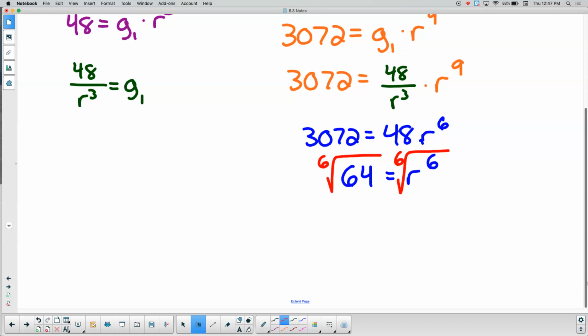Is it negative? No. But if it were, because it's an even root, then we'd have to bring i into it. But it was an odd root.